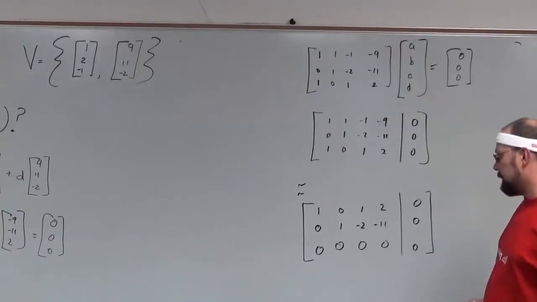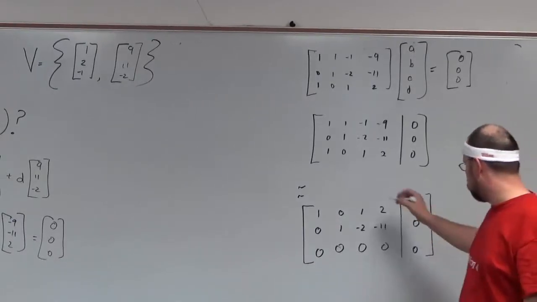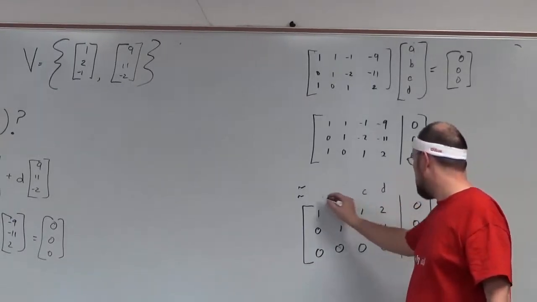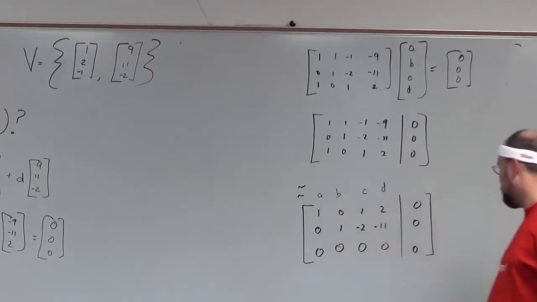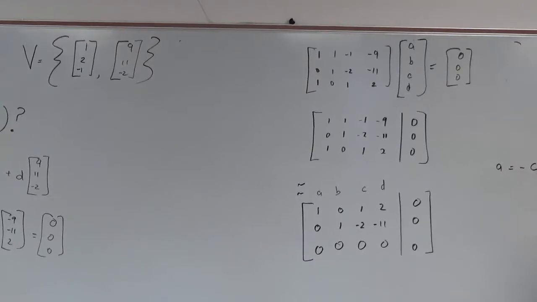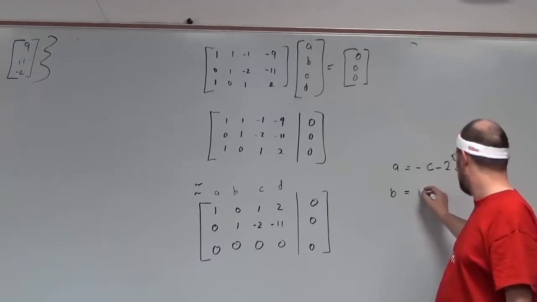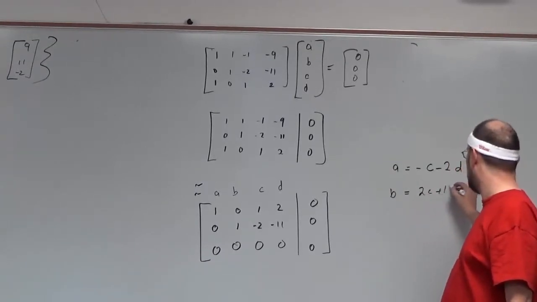It's a parametrized solution. So suppose that this is C, D. How would we define A and B in terms of C and D? Well, we see that A would be negative C minus 2B, and B is 2C plus 11.